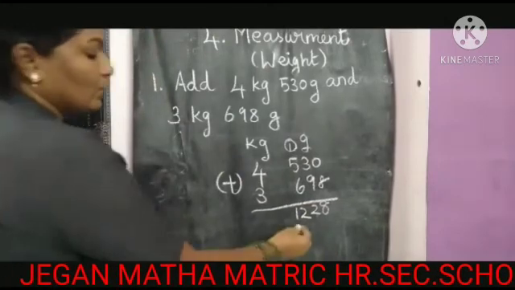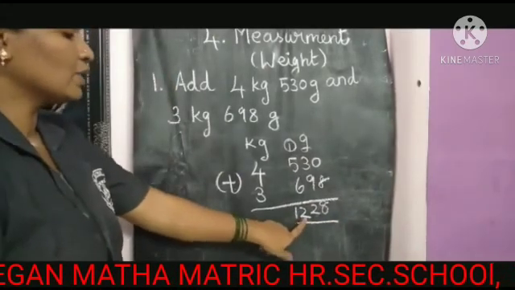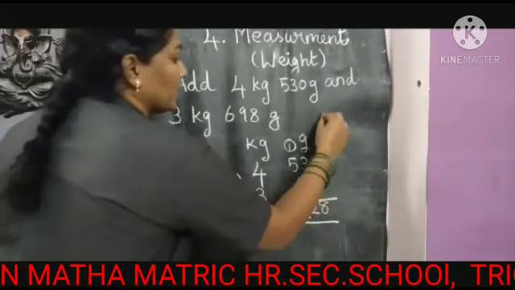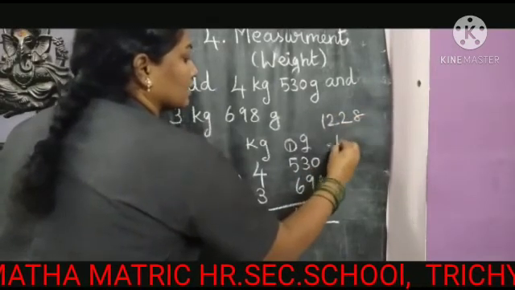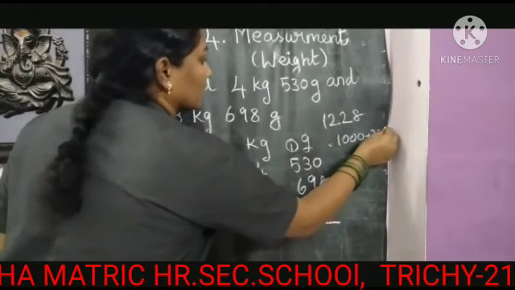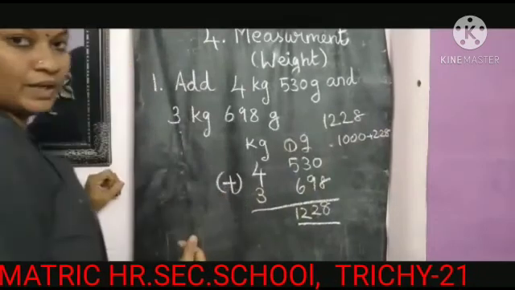Okay, you know that. See here, 1228 grams. You split the weight like this, 1000 plus 228.